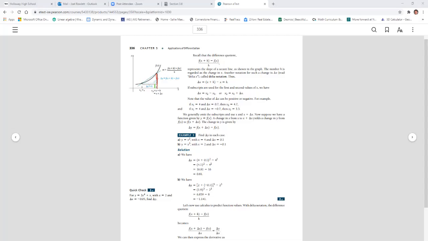If you subtract the length of the green segment from the length of the red segment, you will generate this length right here, which is the vertical displacement. And that's just f of x plus h minus f of x.